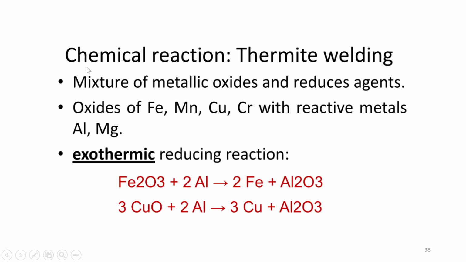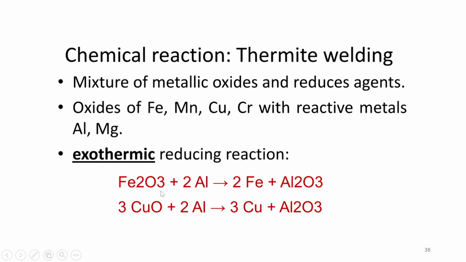Next, another chemical reaction is thermite welding. In this case, you have a mixture of metallic oxides and reduction agents. These are elements which are more active compared to the elements in the oxides. Aluminum is more reactive compared to iron, and aluminum is also more reactive compared to copper.